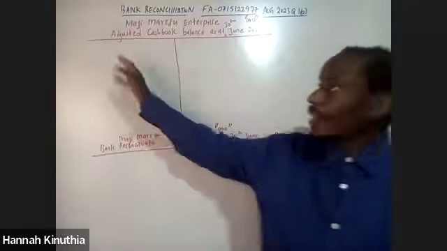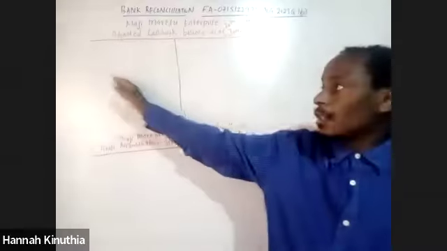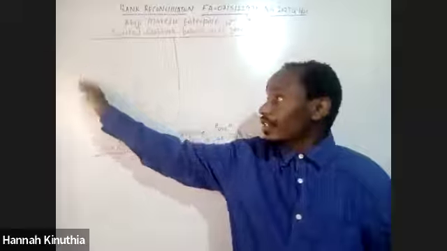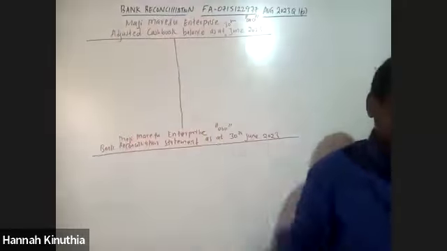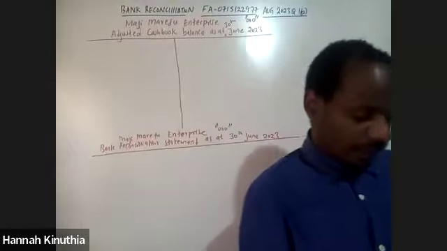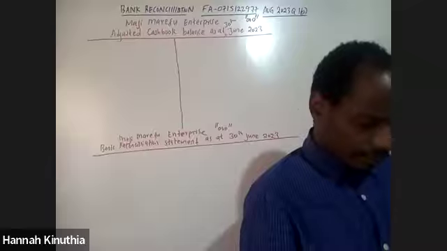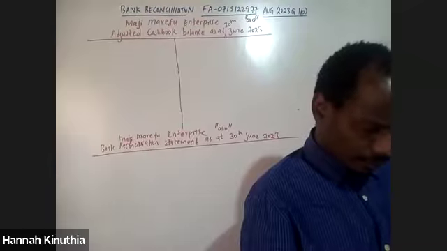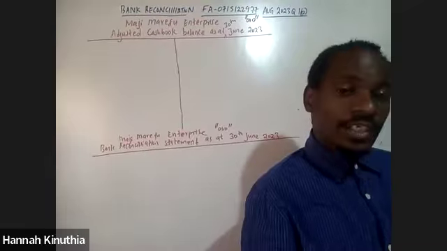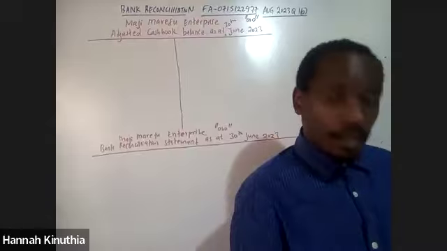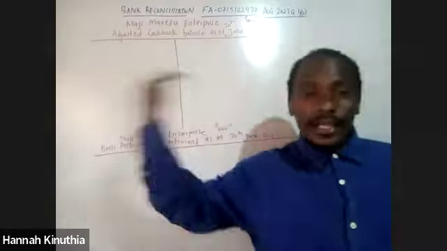So remember our balance in a cash book tukianza, in most cases our balance inafaa kuwa on the right side. But in this case wametuambia the balance of the cash book is on the left side. What does it mean? So it means it's an overdraft, meaning kampuni wako na deni.